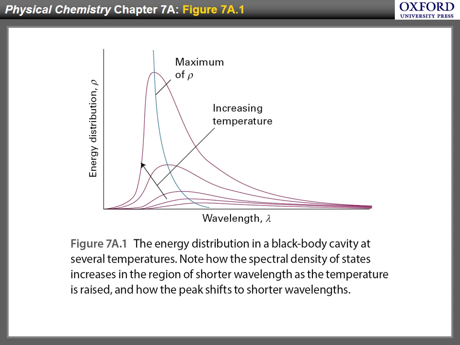On this graph, we have several representative curves of what are called black body emitters. A black body emitter is basically an object that can emit and absorb all wavelengths of radiation uniformly.